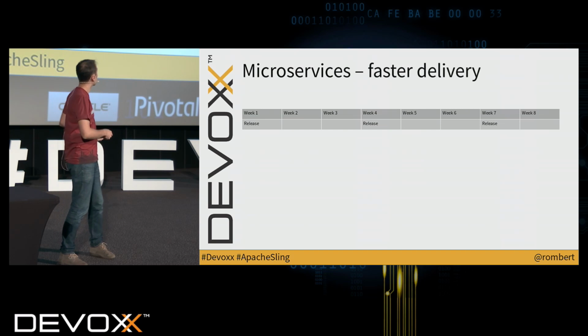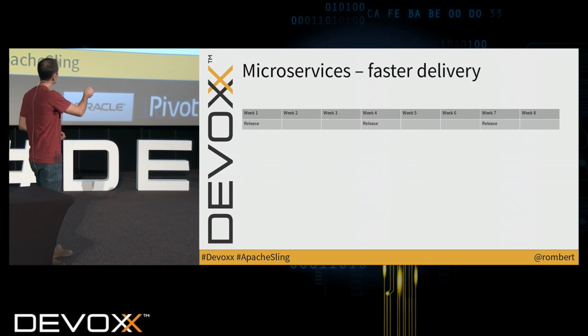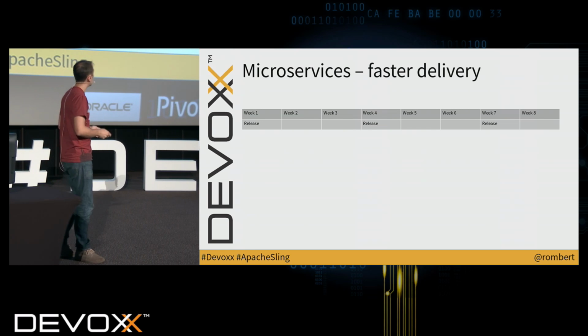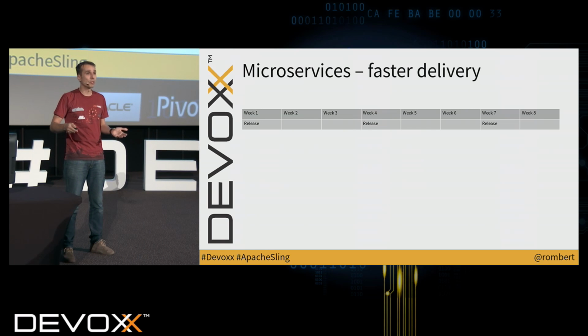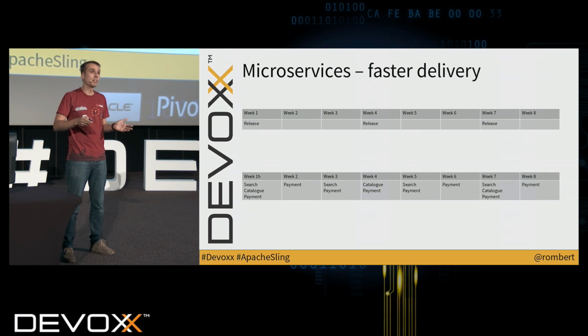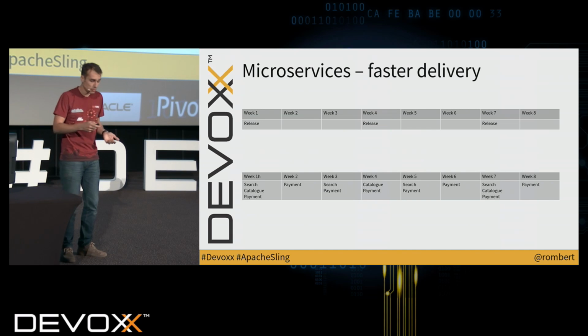And here's a hypothetical example of a team which releases every 3 weeks, so week 1, week 4, week 7. And they didn't find the proper way of reducing this cycle. So what they can do is split the deliverable, right? Instead of doing one big monolithic application, you get to do microservices. So each microservice has its own life cycle, its own delivery.